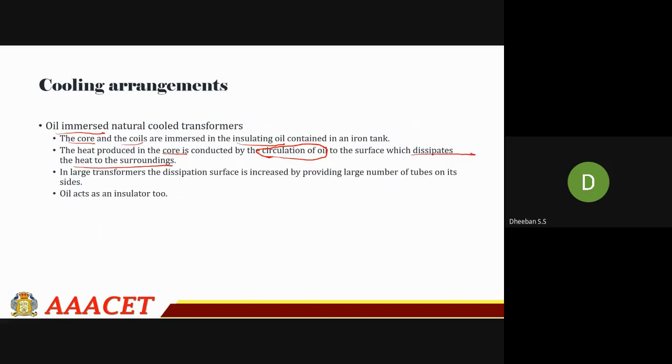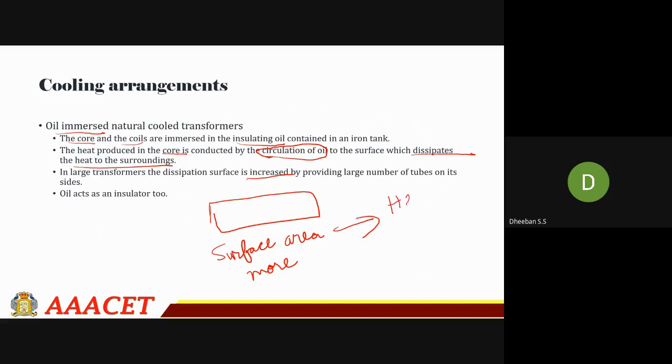In a large transformer, the dissipation surface is increased, because if the surface area is more, then the heat dissipation will also be more. So this oil acts both as a cooling agent as well as an insulator. Okay, so that's the main thing.